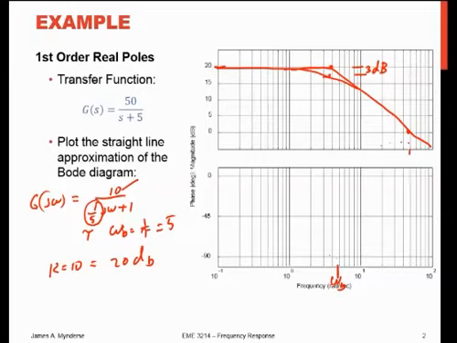For the phase plot, the rule is we have our break frequency, and we have corner frequencies at 1/10 and 10 times that frequency. So at 1, 2, 3, 4, 5, this is 0.1 omega b, and right there is 10 omega b.